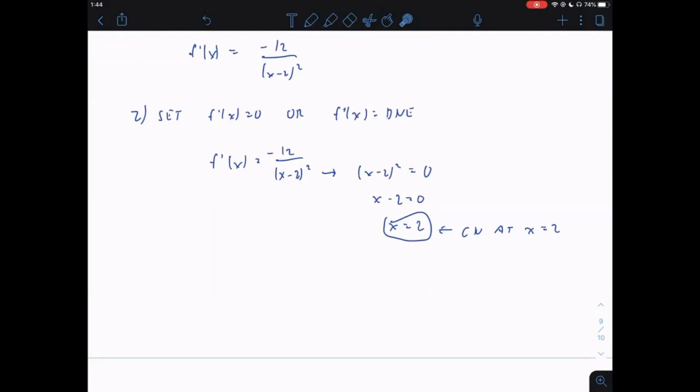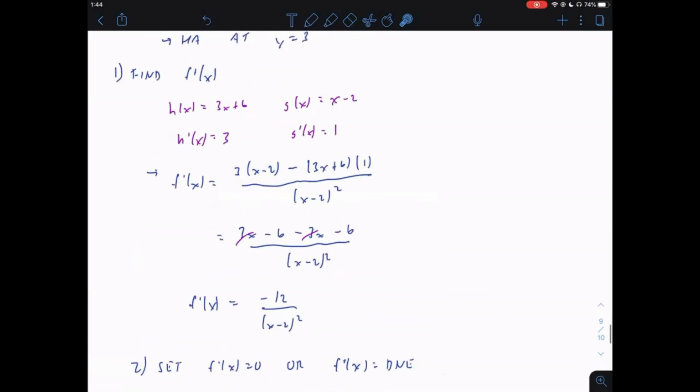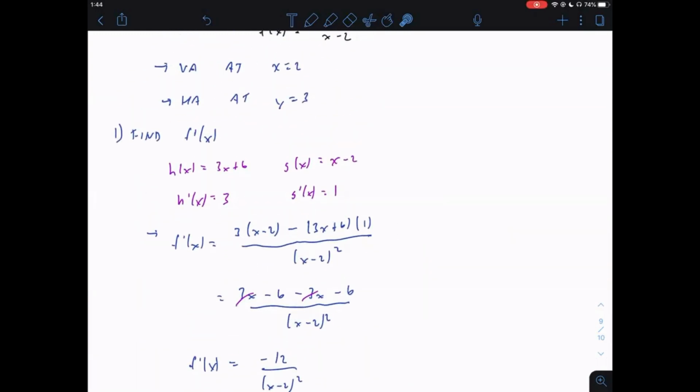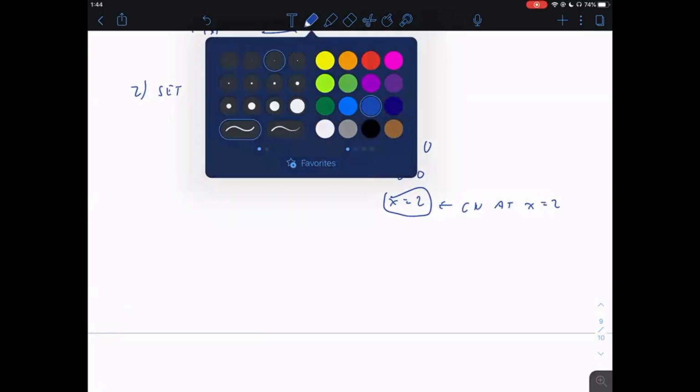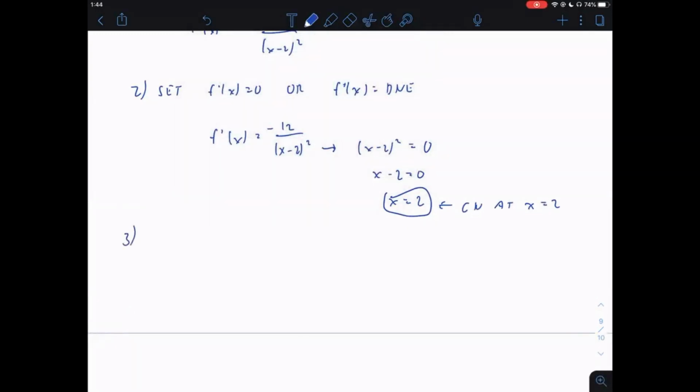So if our critical number is the same as our vertical asymptote, what's going to happen when we look for a relative extrema here? So now the third step, the first derivative test. What's going to happen here?